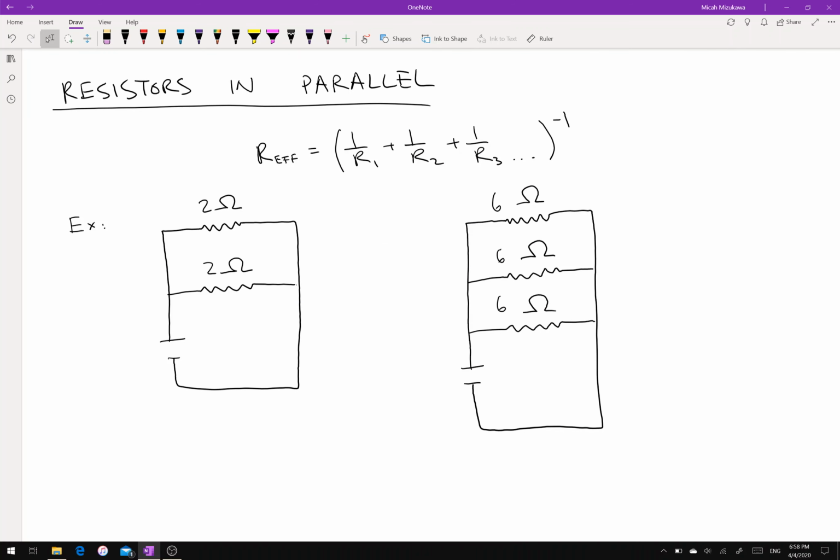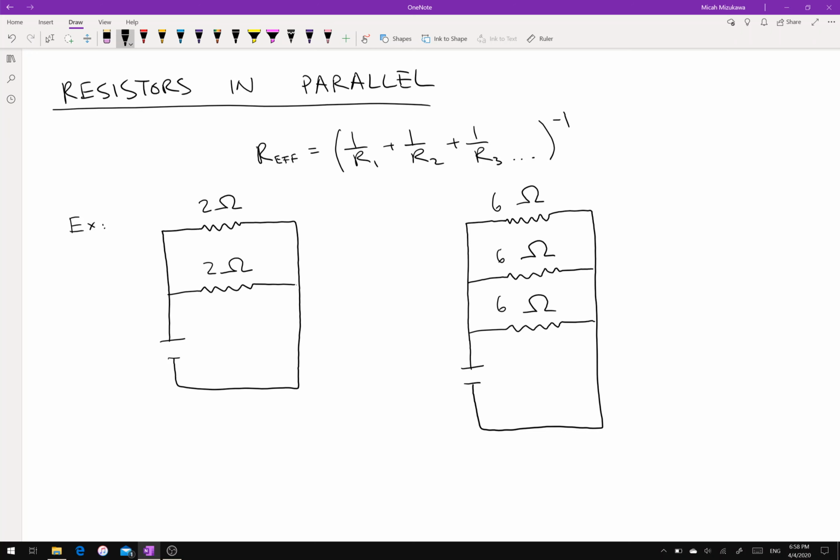So, resistors in parallel. A way I am able to figure out if resistors are in parallel is starting from the positive end, you go up and follow a path, and you'll be able to see that the electron flow can split into 2 paths. One path goes through this bottom 2 ohm resistor, and the second path goes through that 2 ohm resistor on the top.